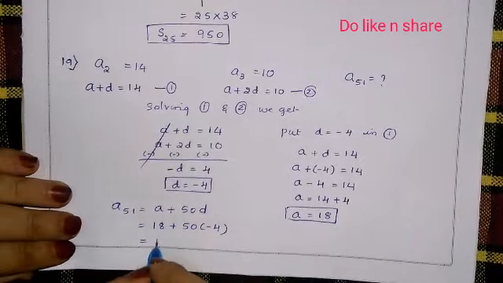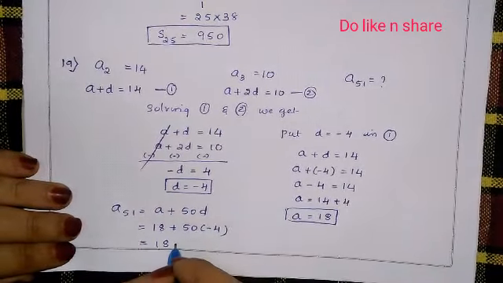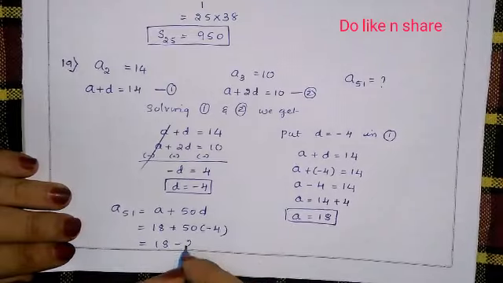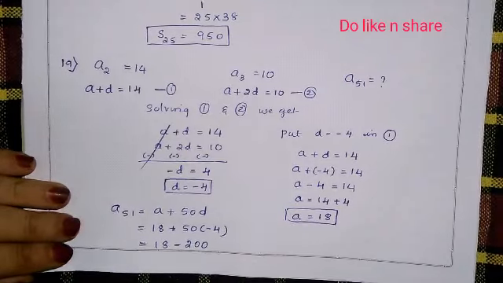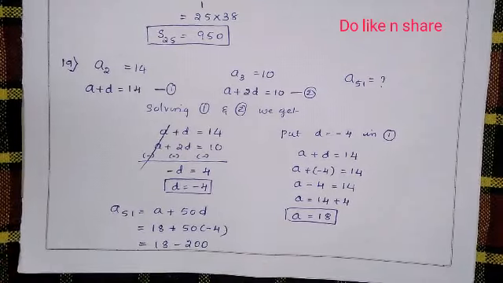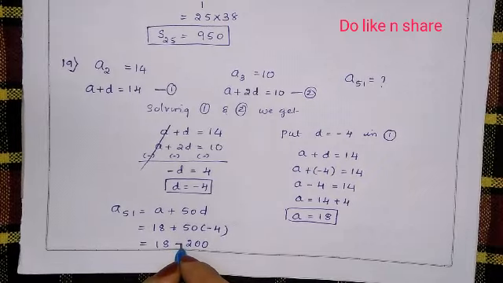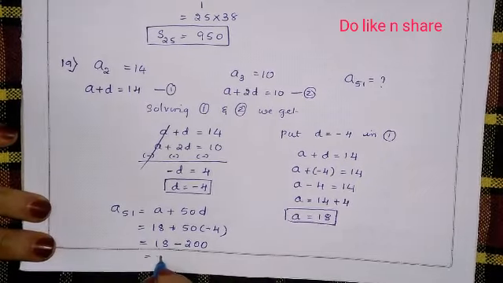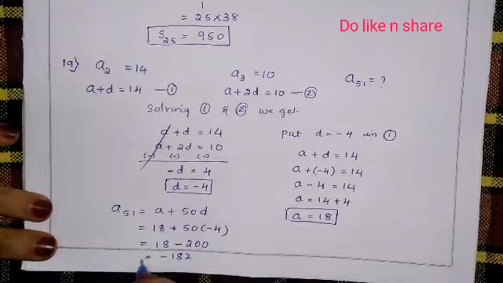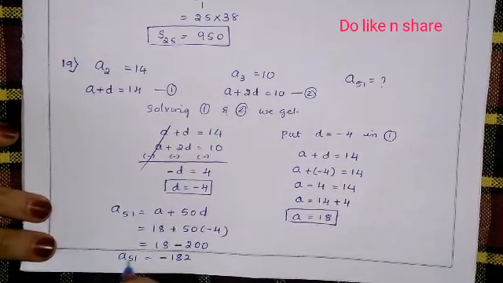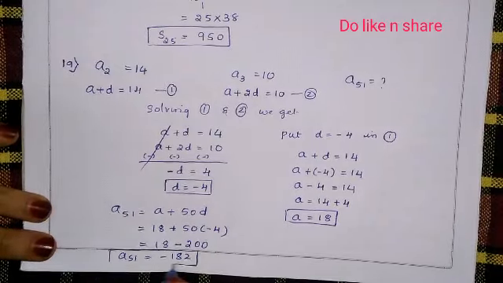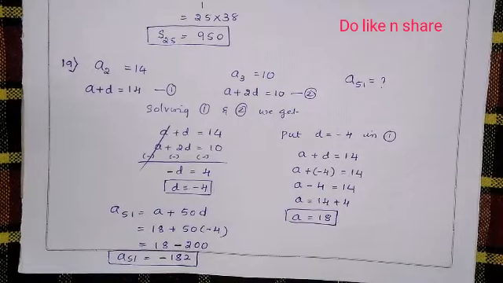So 18 plus minus 50 fours, which is minus 200. 18 minus 200 gives minus 182, because the negative number is the bigger number. So the 51st term is minus 182. This completes question number 19.